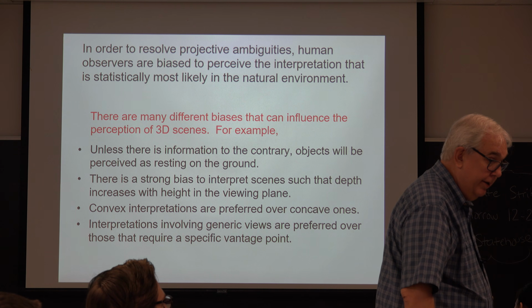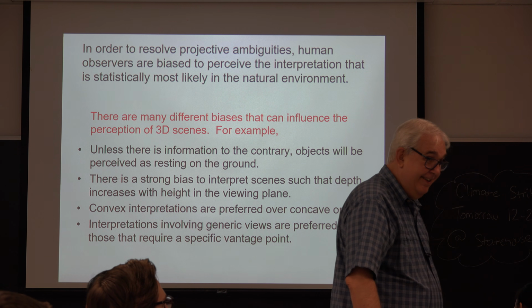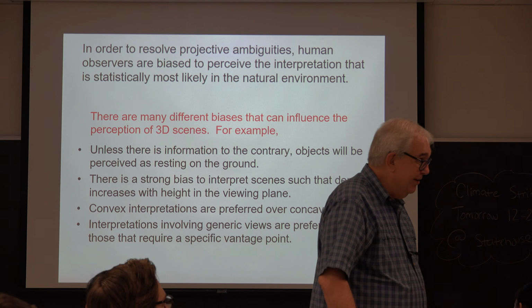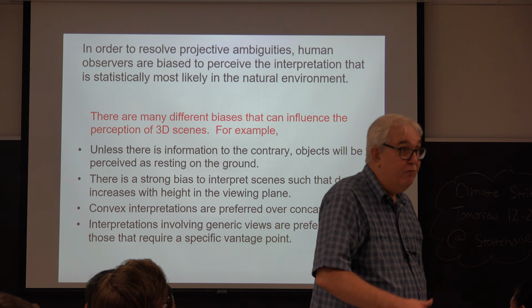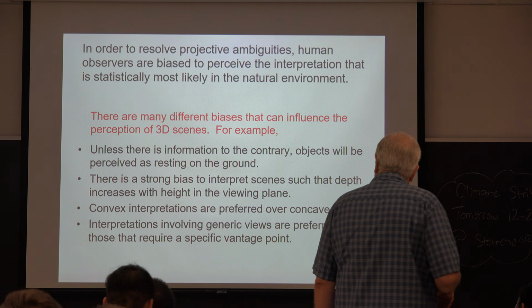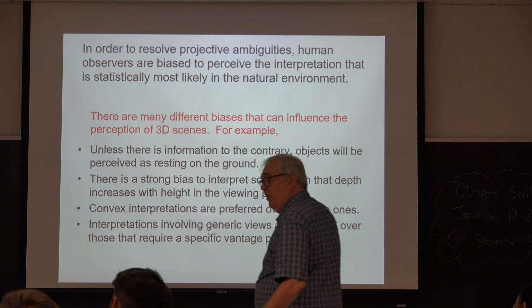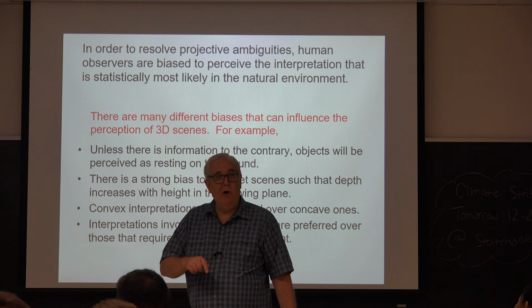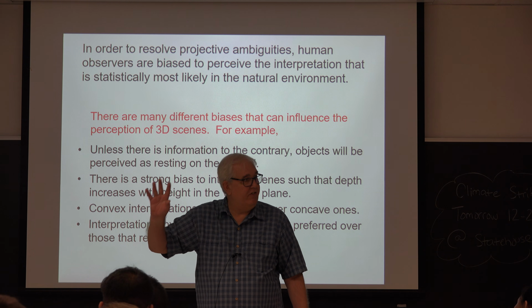Which one's more likely? I would say the one that's resting on the ground. And that, in fact, is a really basic constraint. If an object looks like it might be resting on the ground, you're going to interpret it that way unless there's specific information telling you otherwise.